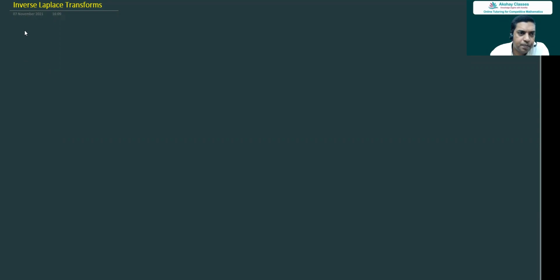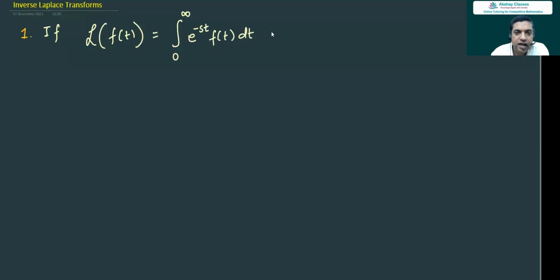Now the basic definition here. If the Laplace transform of a function is, we know how it is defined: 0 to infinity e power minus st f of t dt, and this we get as a function of s.